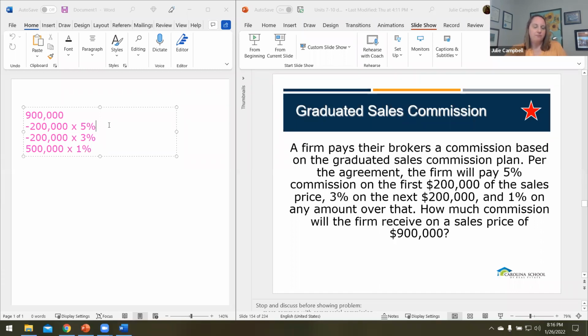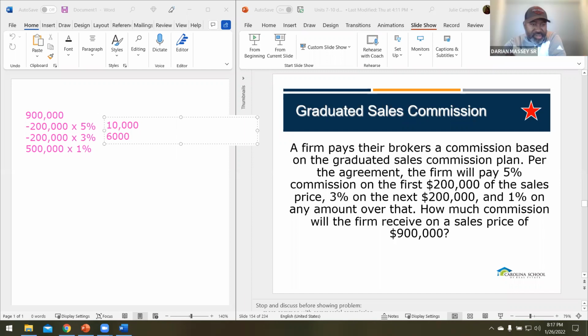So now we take 200,000 times 5% and get 10,000. We take 200,000 times 3% and get 6,000. Is that right? 2 times 3 is 6. 6,000. And then 500,000 times 1% to get 5,000. So on the first 200,000, you pay $10,000 commission.